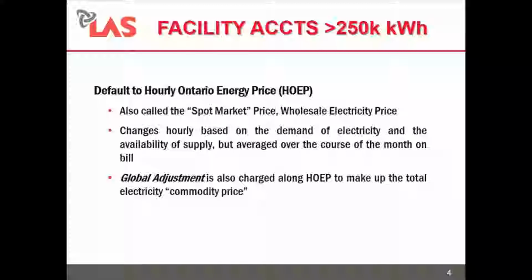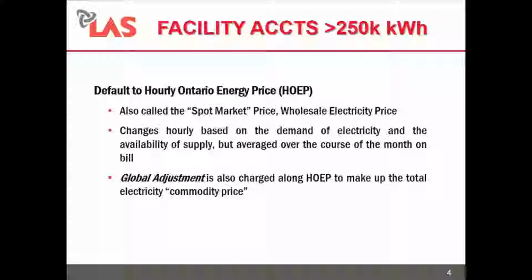Each hour, they bring the supply to meet the demand and settle the hourly price, and then it is averaged each month. So the price you see on your bill at the end of each month is averaged across each hour and settled on the wholesale market.